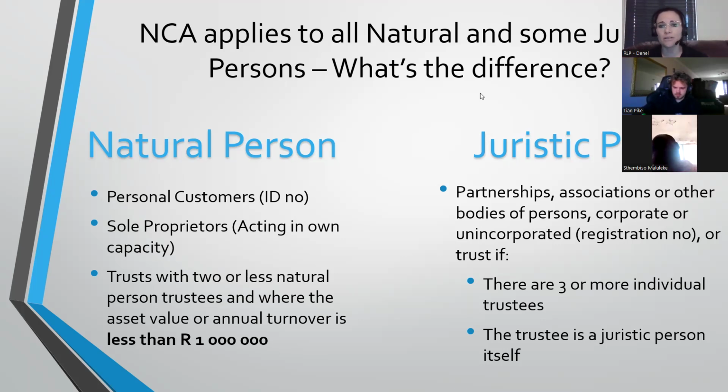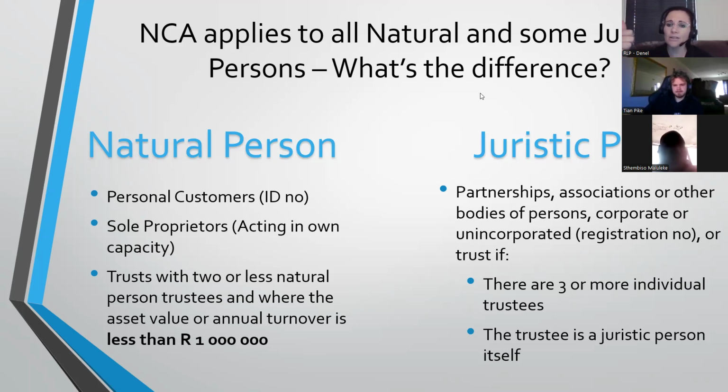Now, a juristic person, the easiest way to know this is it's a company. If you think about Edgar's, can you walk up to one person and say, "Hi, Edgar's, how are you doing?" No, it's a company, right? And that's a juristic person.